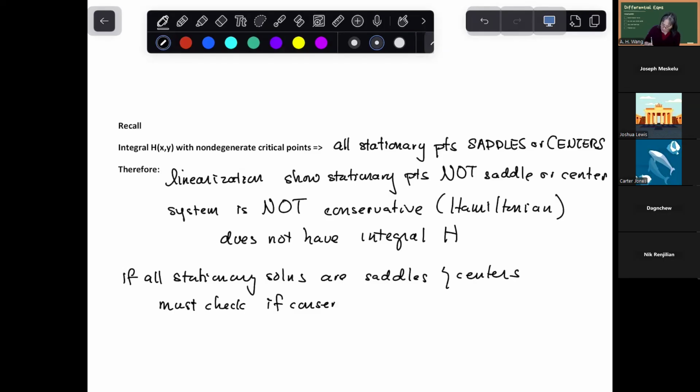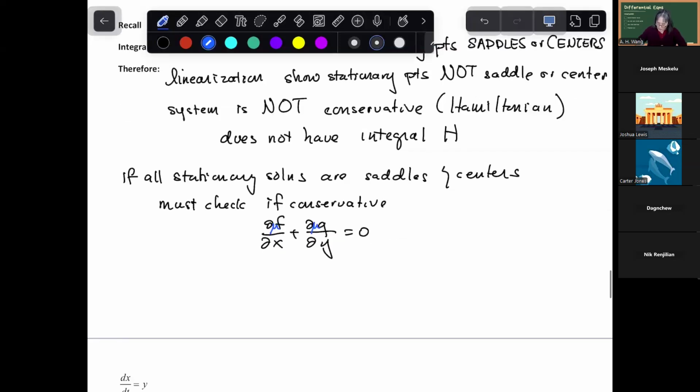It's never going to be harder than Hamiltonian, so remember this was the check. Technically, you multiply through by mu for the bigger case, but we're not going to make it harder than that.